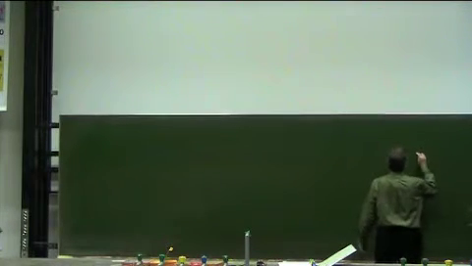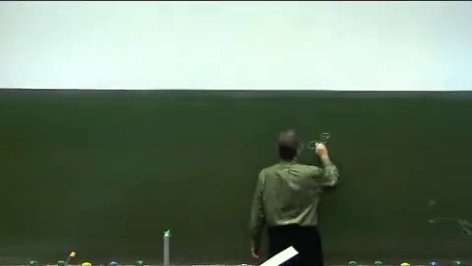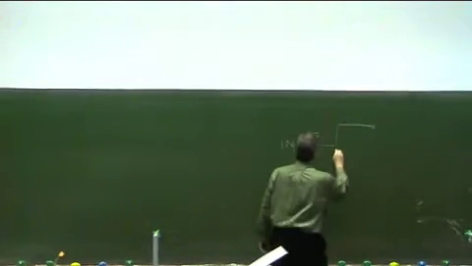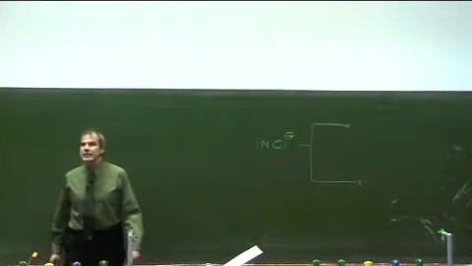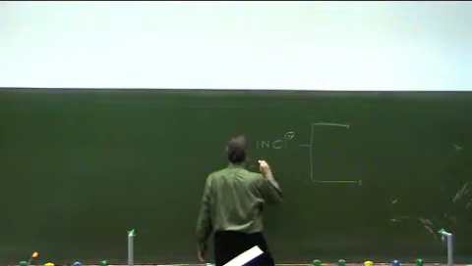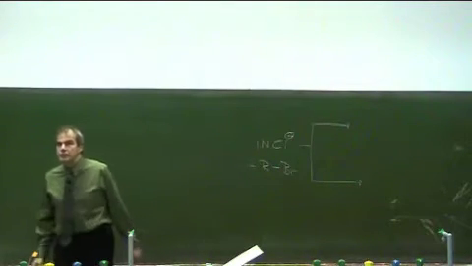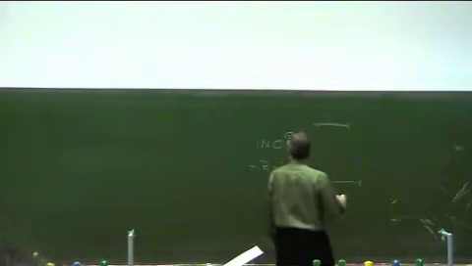So let's go back to the problem, or the question I posed last time. And that is the reactivity of cyanide, which is a reasonable nucleophile, with alkyl halides, which are good electrophiles in nucleophilic substitutions.